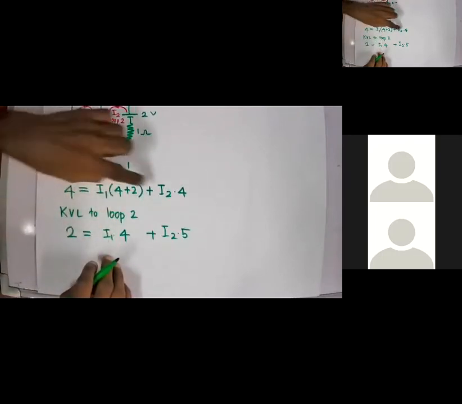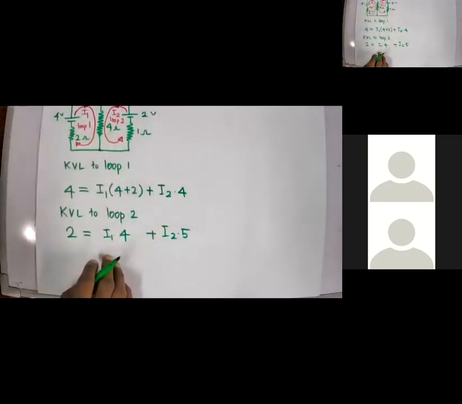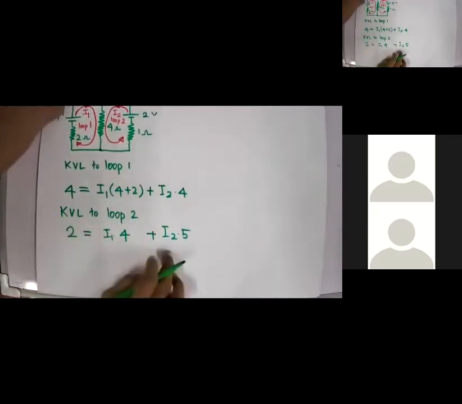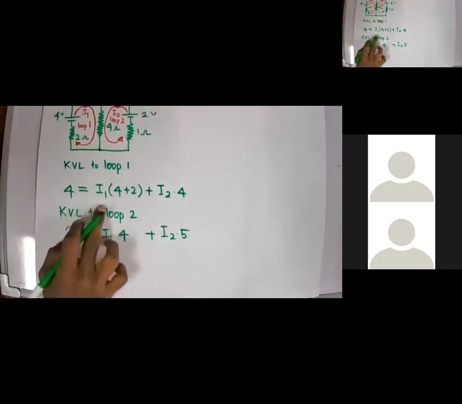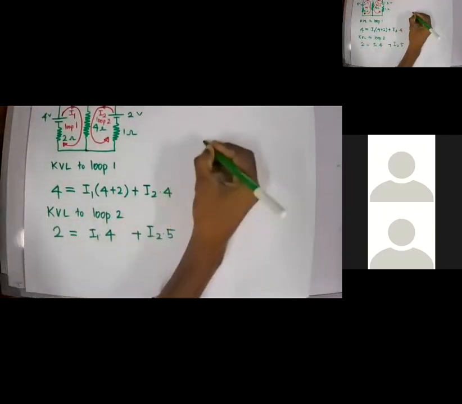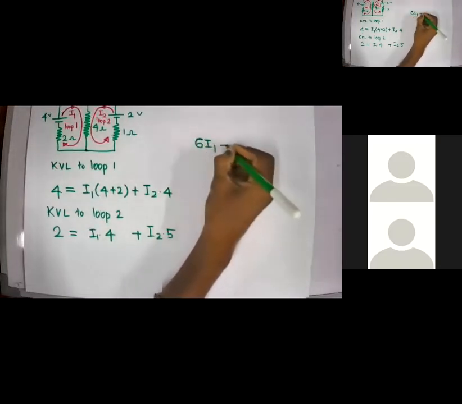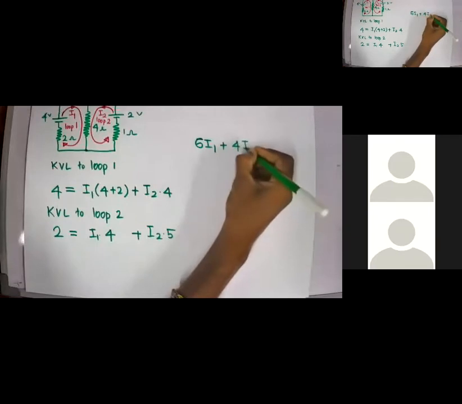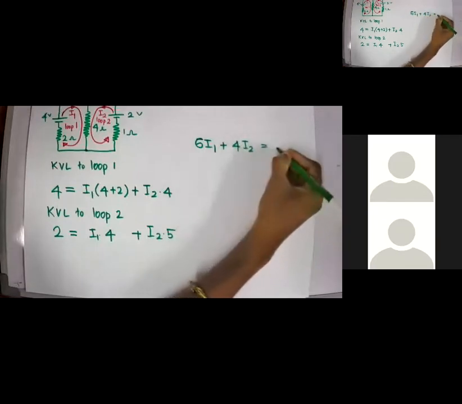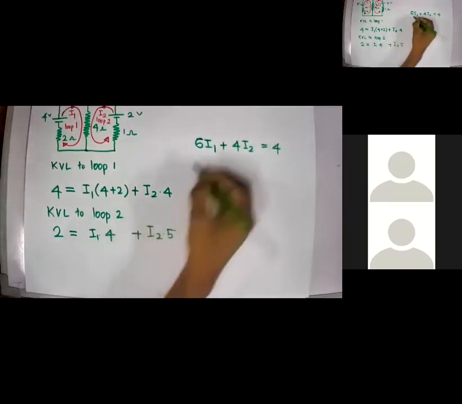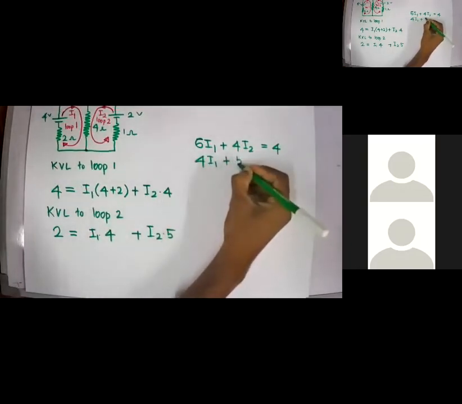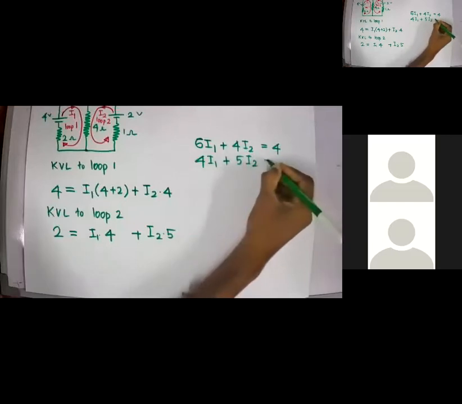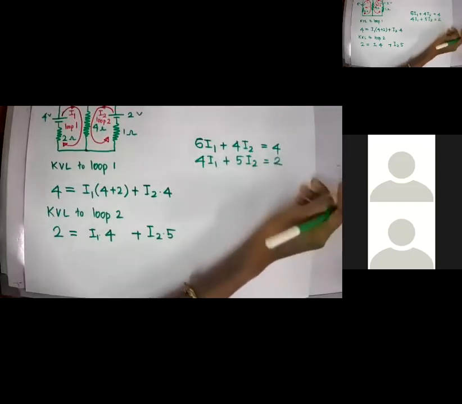And then two variables, right? Simultaneous equations. You can calculate I1, I2 by simply solving it, right? So I can rewrite the equations as 6I1 plus 4I2 equals 4, and 4I1 plus 5I2 equals 2, right?